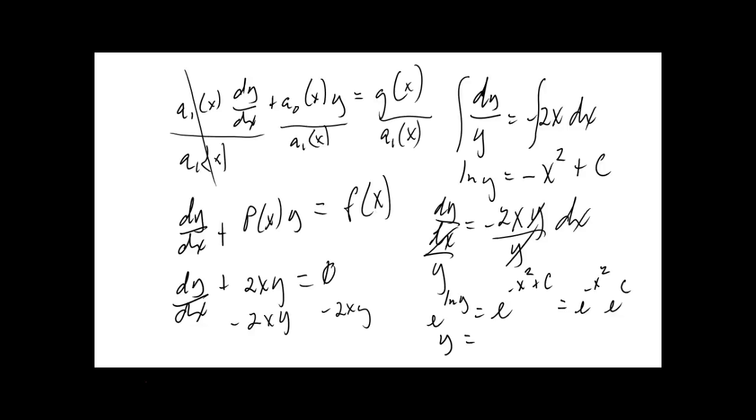Multiply two terms with the same base, keep the base, add the exponents, so you can do it the other way. But guess what? This e to the c is just a constant. So this could be written as some other constant. Let's call it c. So y equals c e to the minus x squared. There's your answer by separation of variables. That was a review, folks.